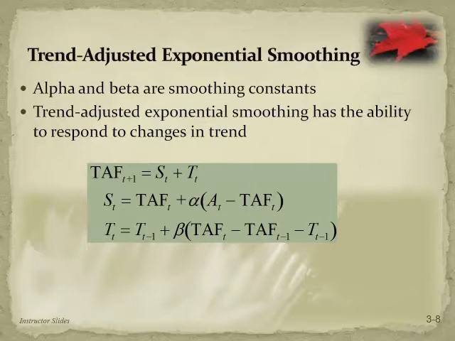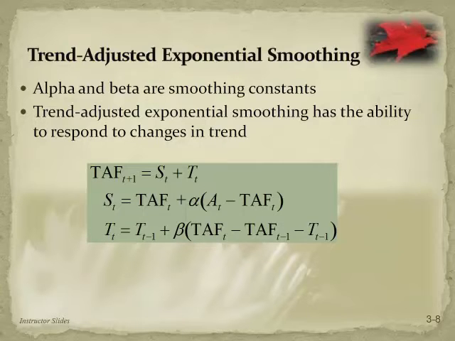So these are the formulas for the smoothing factor. Again, here's our alpha factor. It looks very similar to single exponential smoothing. And then below that is the trend factor, and we see the beta smoothing factor shown in this formula. Again, beta is similar to alpha in that it can be a value between 0 and 1.